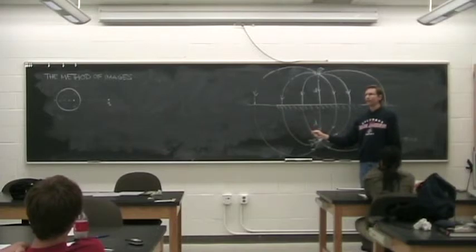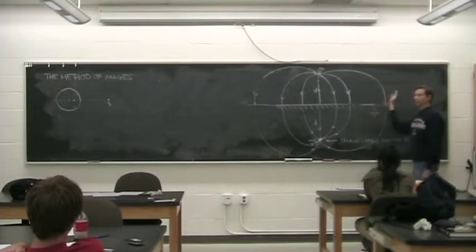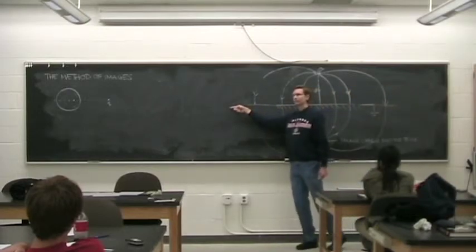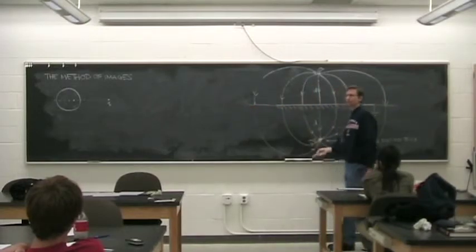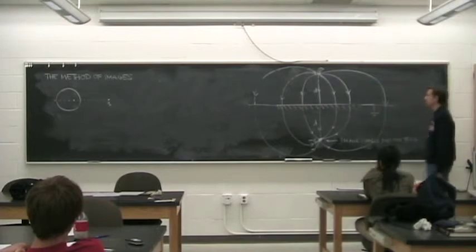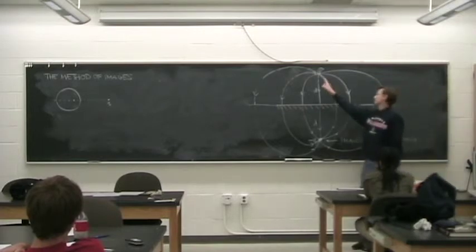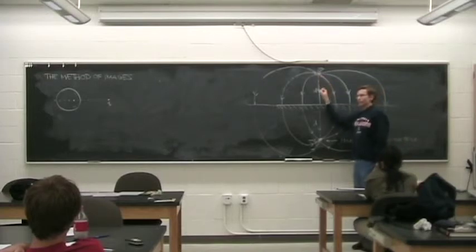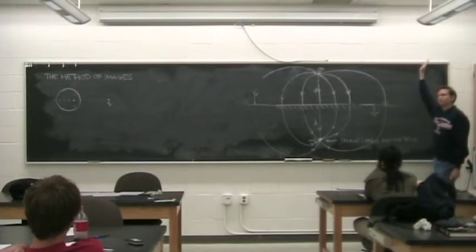And then you say, all right, that field, if I look at it above the plane, it does everything I need it to do. It's perpendicular to the surface at every location. The field of plus q and minus q combined is perpendicular to the surface at every location. It becomes the field of a point charge very close to the point charge. And the potential goes to 0 at infinity.